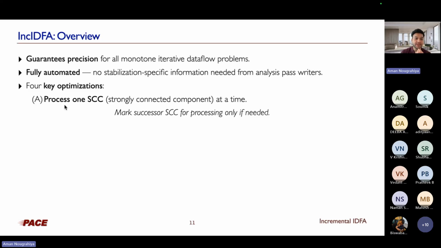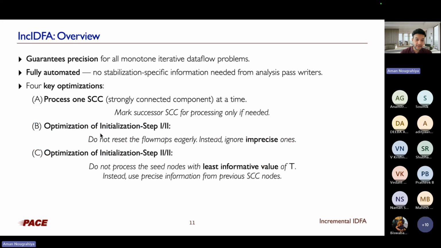The first optimization is we will process the control flow graph in terms of SCCs. An SCC is a graph where each node is reachable from every other node in the SCC. We will process one SCC at a time. If there is no change in the outgoing information for the SCC, then its successor SCCs will not be processed. Second optimization is that we will not reset the flow maps eagerly. Instead, we will just ignore the imprecise ones. We will look at an example to understand this later.